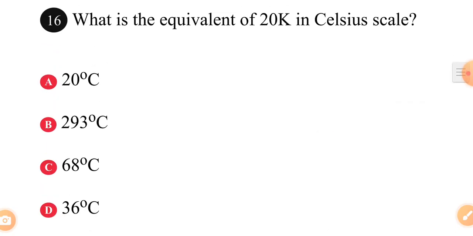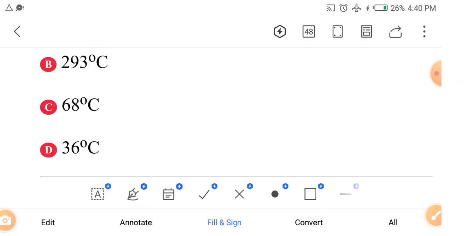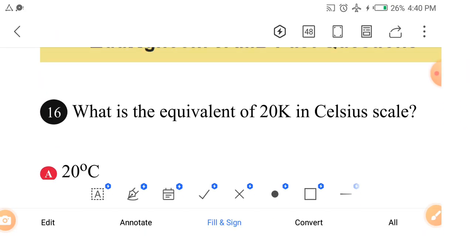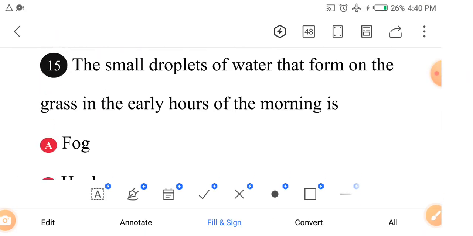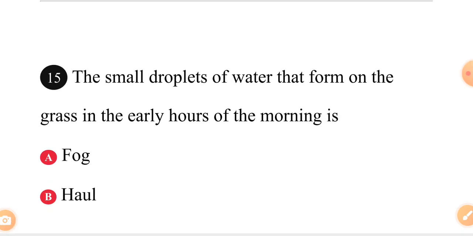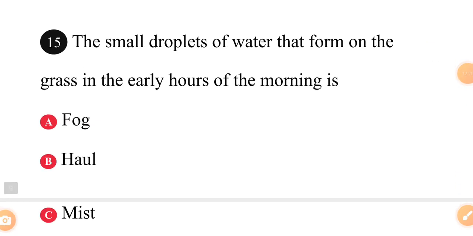Look at this question. I don't know why JAMB like asking this particular question. Question number 15. JAMB often catch candidates with this question. The small drops of water that form in the grass in the early hours of the morning is dash. Remember, if you watch part 12 or part 11, you will see that I gave you this as an assignment because JAMB is always asking it.